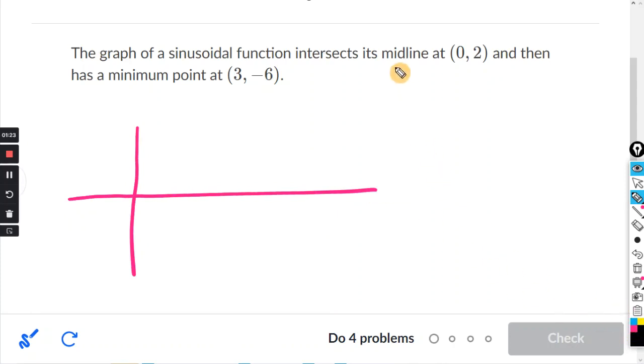So it intersects the midline at x equals 0, y equals 2. And then it has a minimum point at x equals 3, y equals negative 6. This is (3, -6).